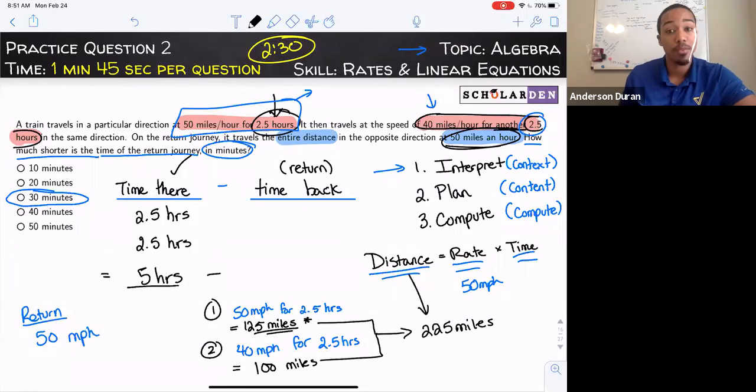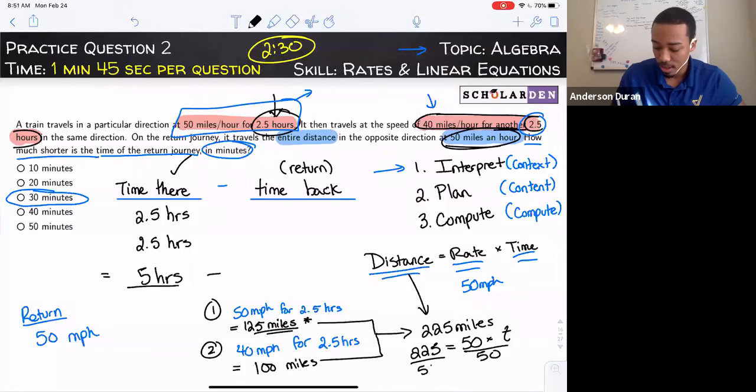So now we can feel confident about finding that time, because 225 miles, this is what we're going to set up now. 225 miles equals the return rate, 50 miles an hour, multiplied by time, or t. From here, all I have to do is divide both sides by 50, and we will receive t equals what?